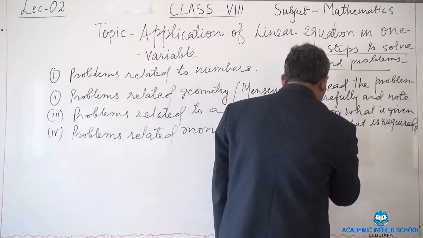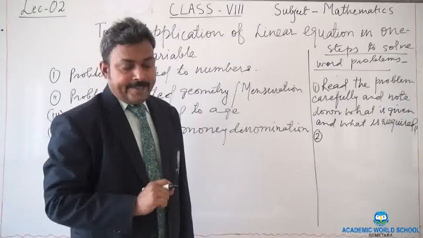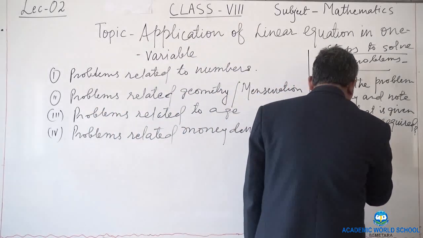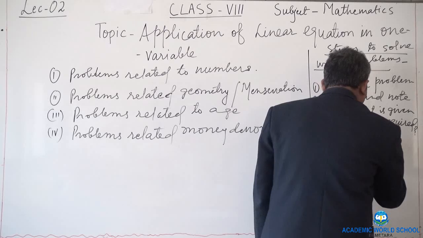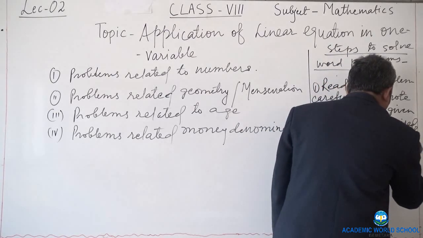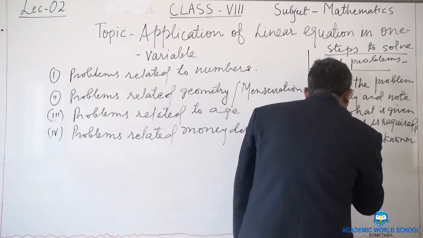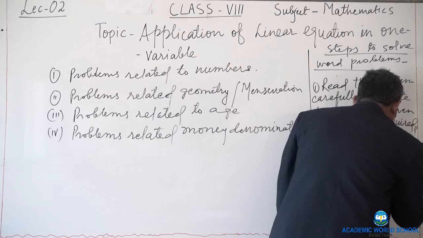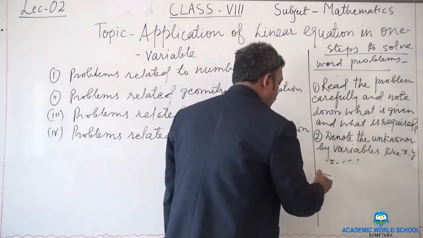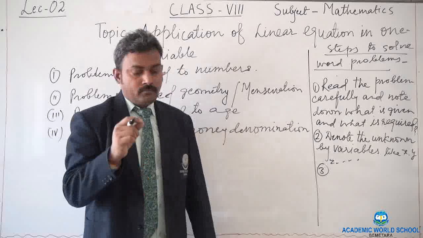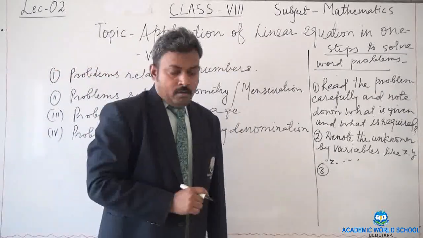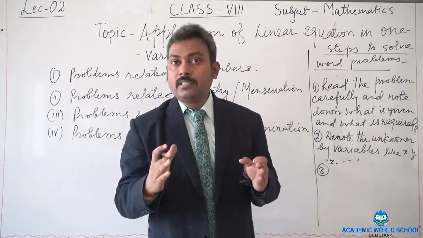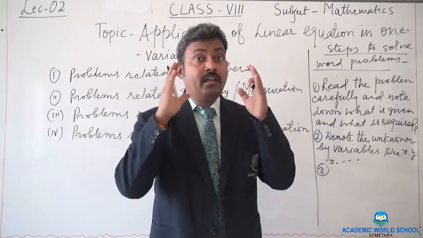Then comes the second step. In the second step we have to denote the unknown by variables like x, y, z. You can use any variable to denote the unknown. Then comes the third step: we have to translate the problem to the mathematical statement, which is very, very important.